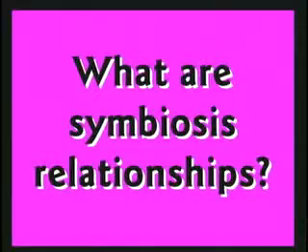Okay, what are symbiosis relationships? A symbiosis relationship is where we get our word symphony and lots of different words from, things that work together. They harmonize. There are literally millions, if not billions, of examples of plants that require certain animals to live and animals that require certain plants to live. There are some flowers that can only be pollinated by one species of fly or moth or wasp.